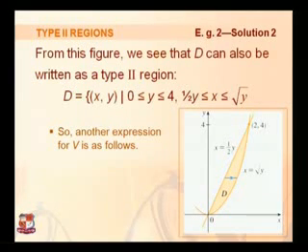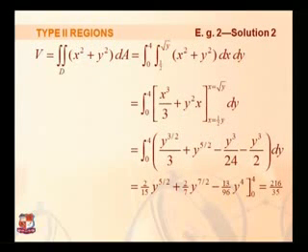That means the limit of x is from y by 2 to root y. And this way also we can integrate the example. After putting the limit of x from y by 2 to root y, and the limit of y from 0 to 4, and integrating, we will get the same answer, 216 by 35.